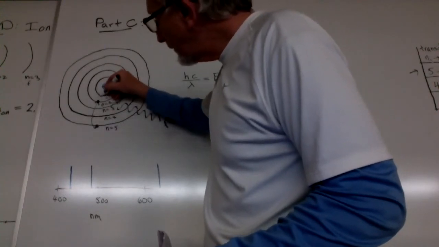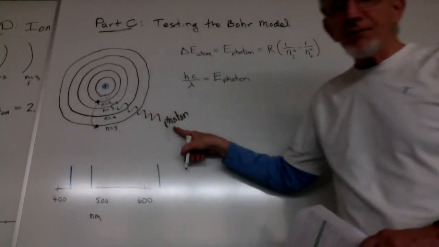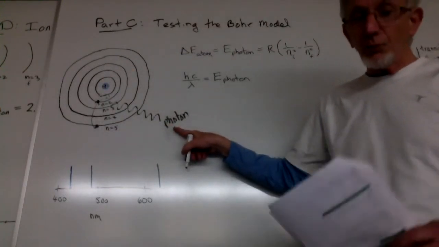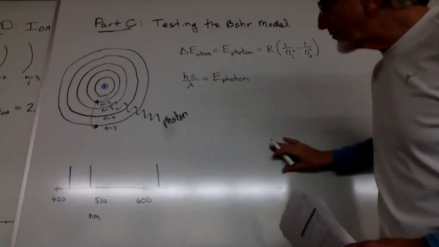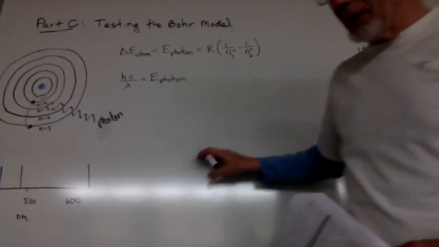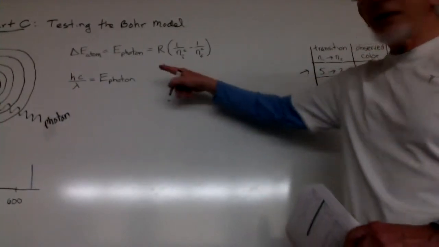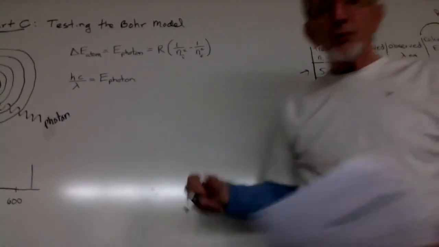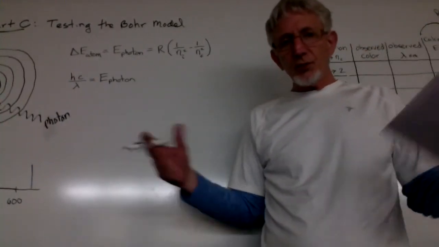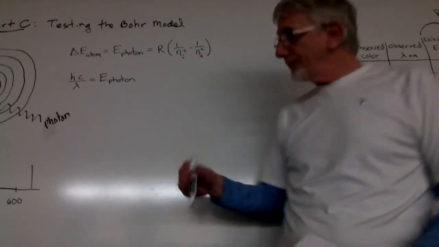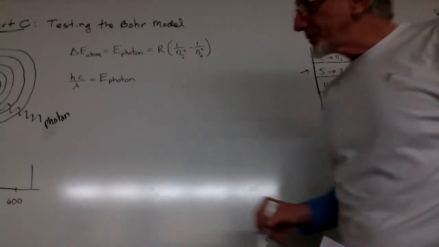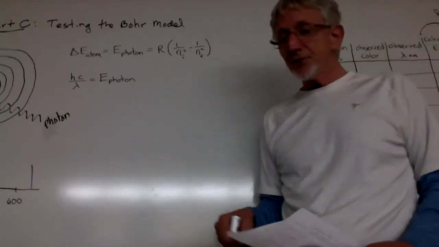And we want to know what is the energy of that photon that's released and what is the wavelength of that photon that's released. And we're going to use the equations that come out of Bohr's theory, the Bohr model. Remember, Niels Bohr was the Danish physicist who came up with this model to explain the line spectra of hydrogen, the internal structure of the hydrogen atom.